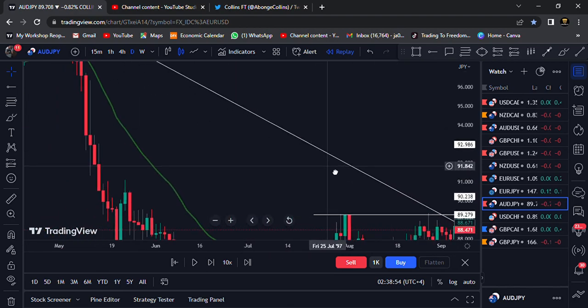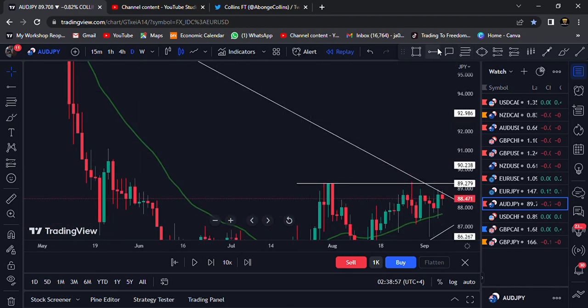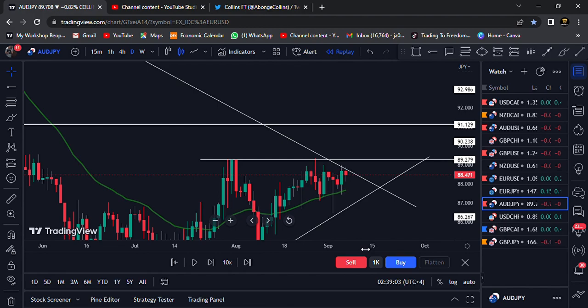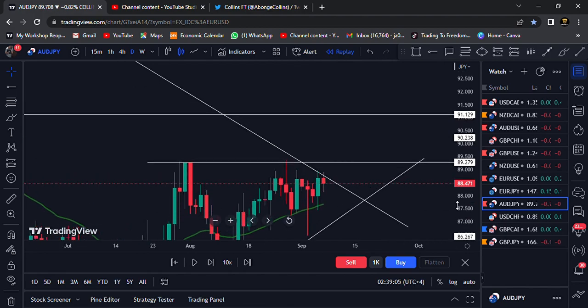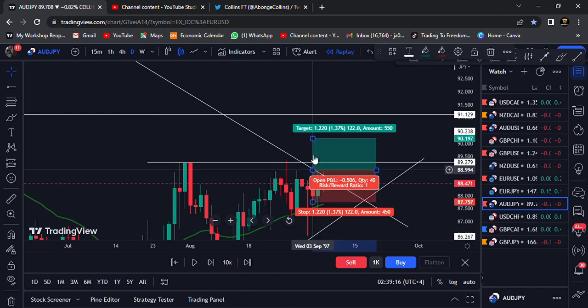It's very rare to just get a signal straight up like this. So first, we want to take our profit here. This is a buy signal, which I recommend as a buy stop, not a market execution.